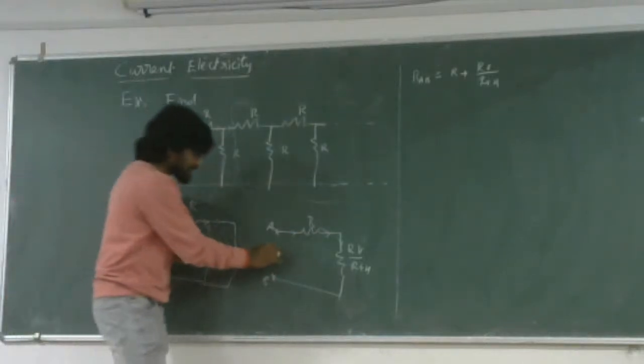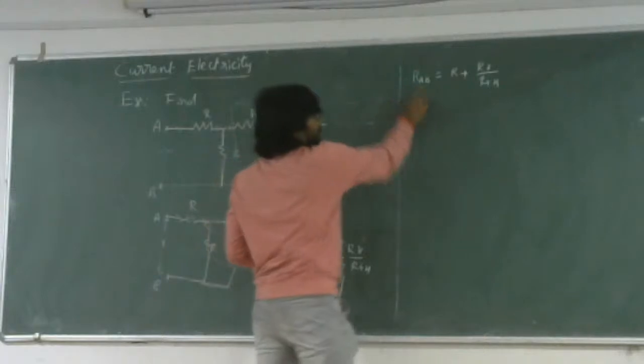So if you take this as X, you can take RAB as X only.